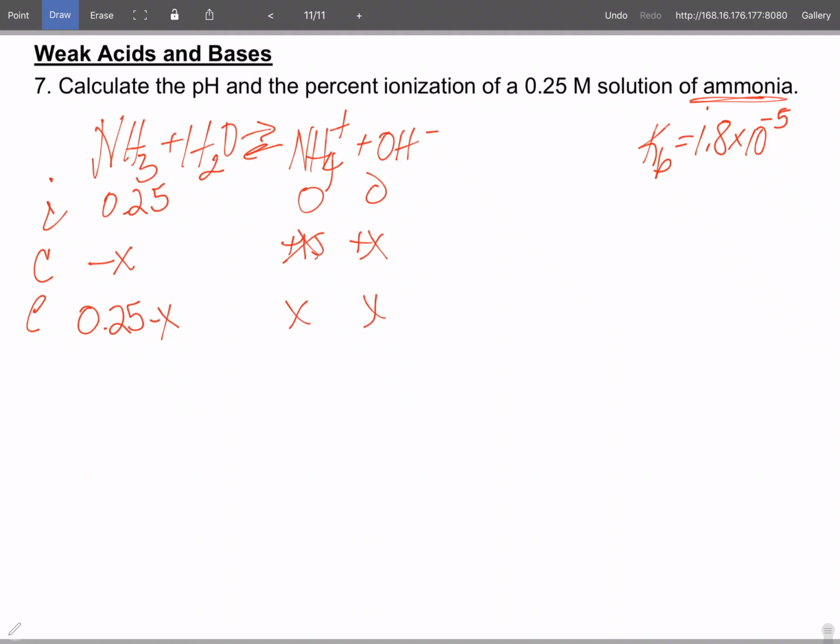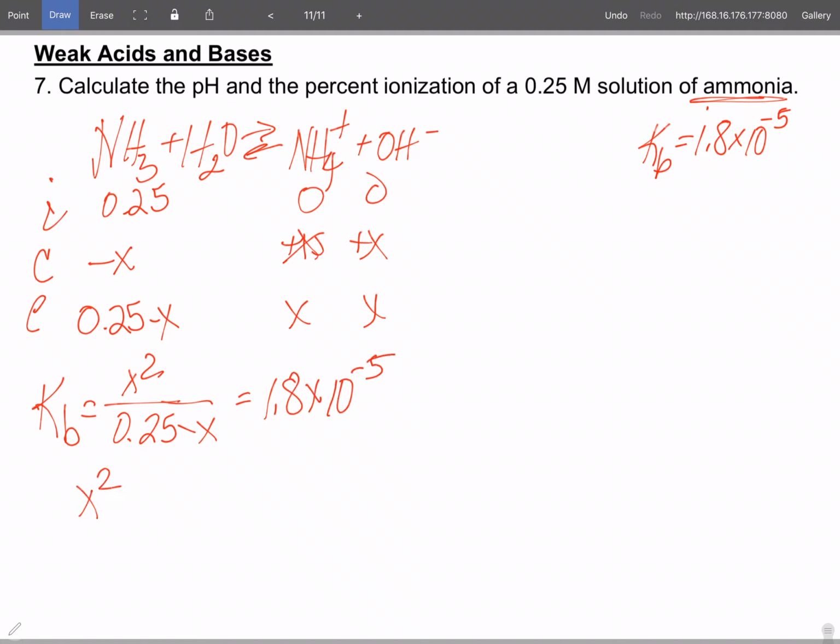So in this particular case, your KB expression is X squared divided by 0.25 minus X, equal to 1.8 times 10 to the minus fifth. Typos, because the numbers are really small, are easy, so be careful. We distribute, we get X squared plus 1.8 times 10 to the minus fifth X minus 4.5 times 10 to the minus 6.